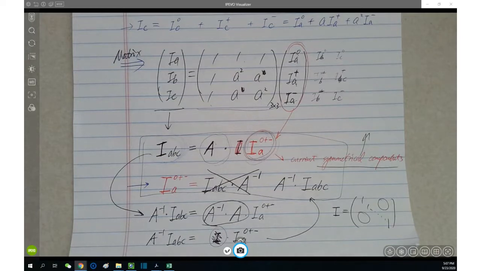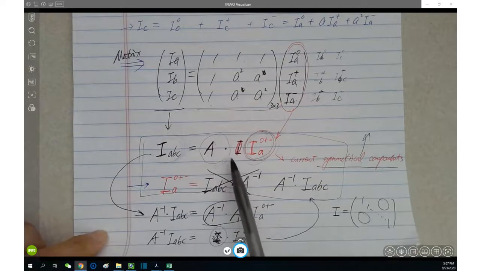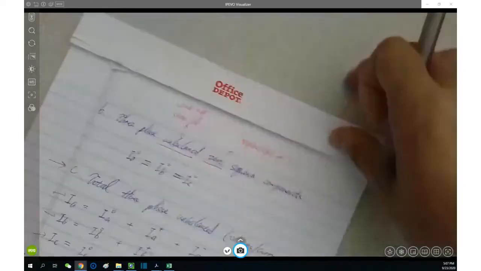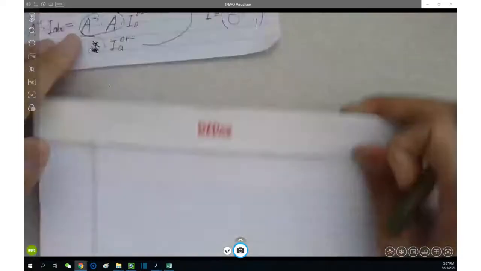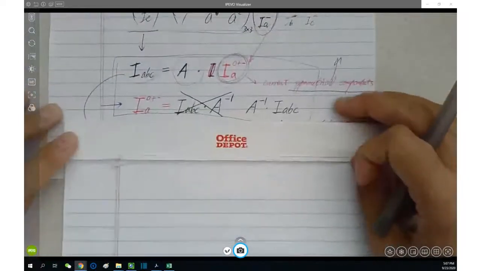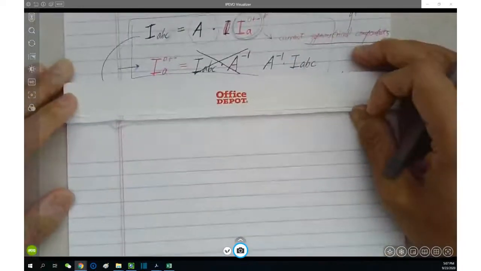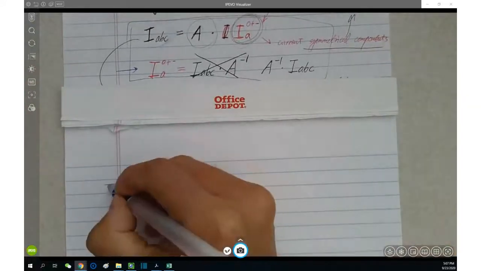Well, this is the concept. But let's still expand these two matrices into equations, because a lot of students are more used to equations.